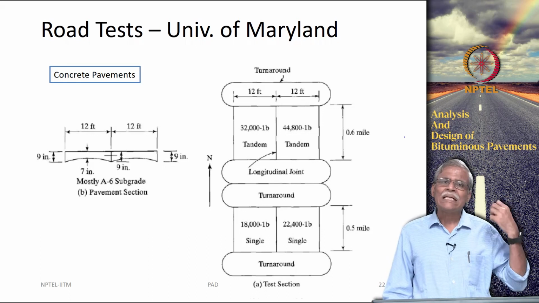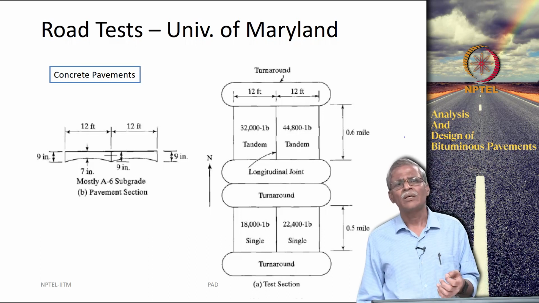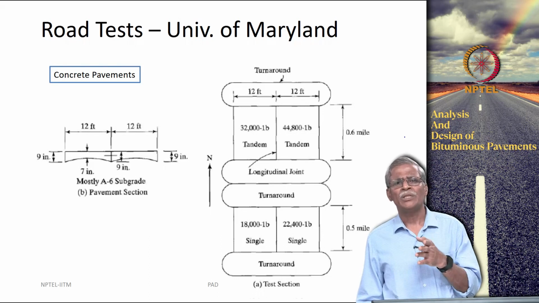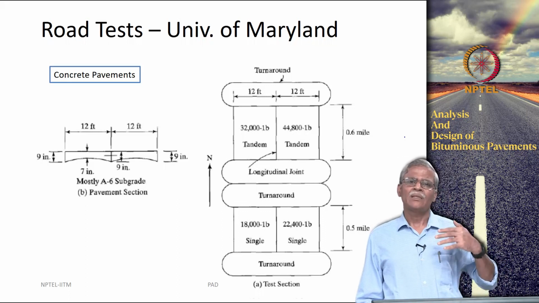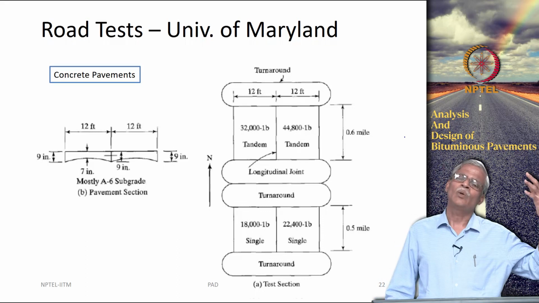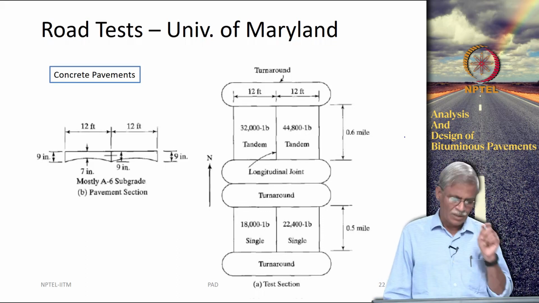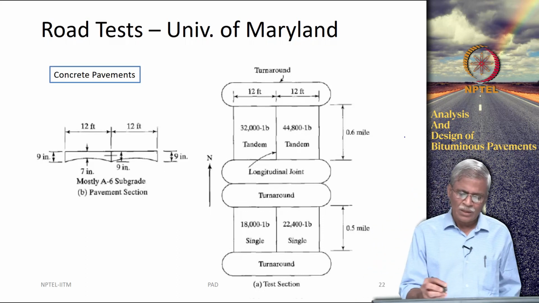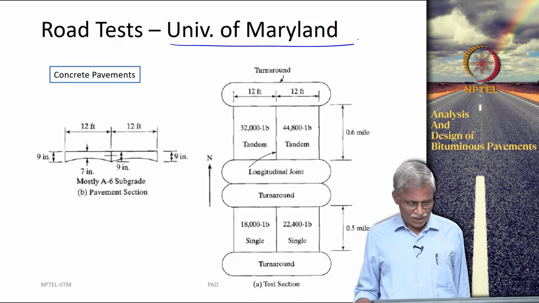There was an increased emphasis on road construction in the United States, and in fact most of the road engineering that you see throughout the world has some kind of genesis related to what happened in the United States during the 1950s and 60s.